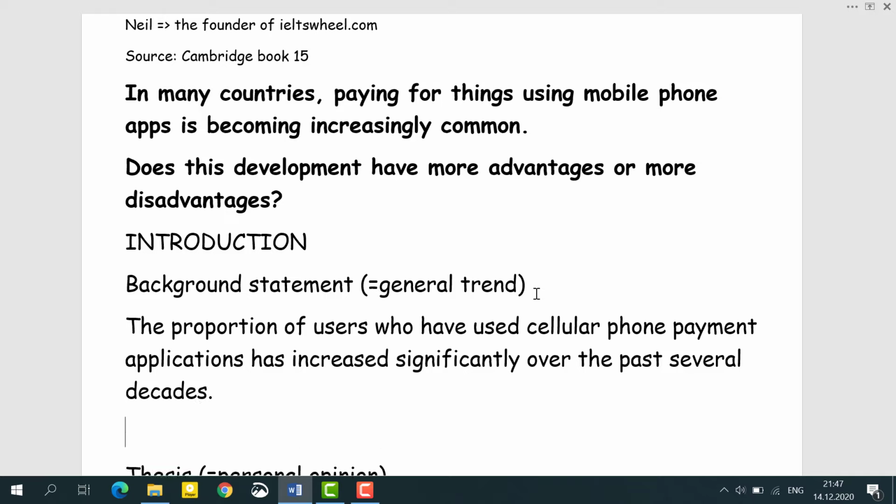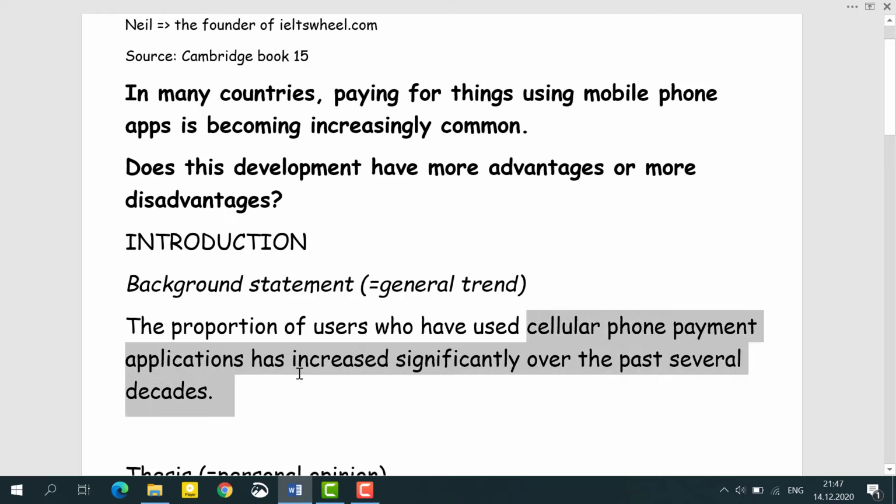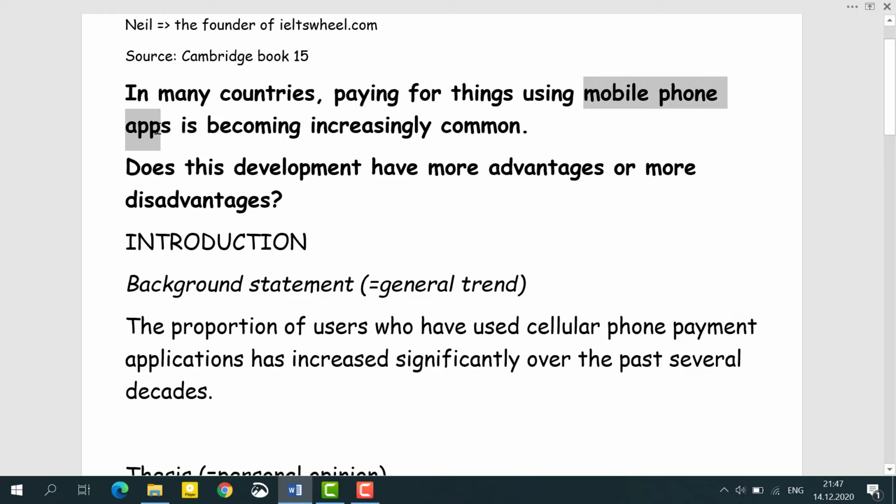Now as I said, it's very important to write our general trend, that something is true around the world. So here, the proportion of users basically means the number of users who have used cellular phone payment applications. So here we have mobile phone apps. I have paraphrased this phrase by saying cellular phone payment applications. Why "has"?